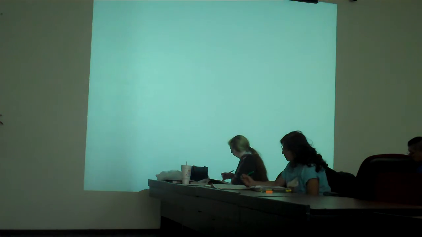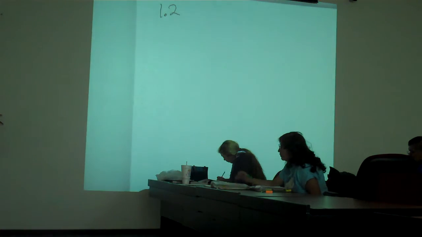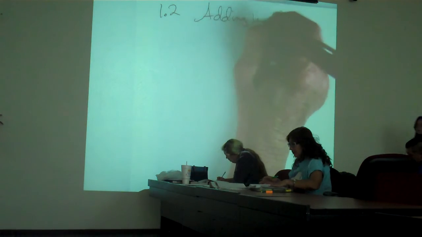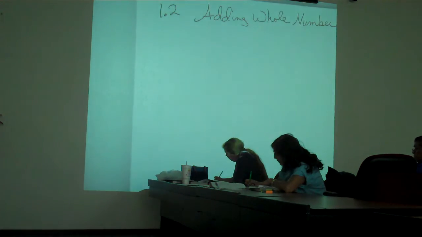Okay, 1.2. It starts on page 11. You're adding whole numbers. Not like fractions or, what else wouldn't be a whole number?